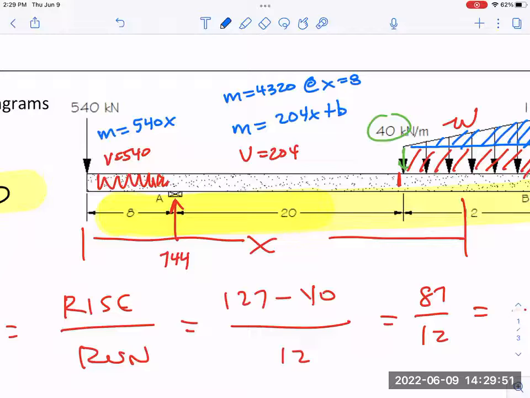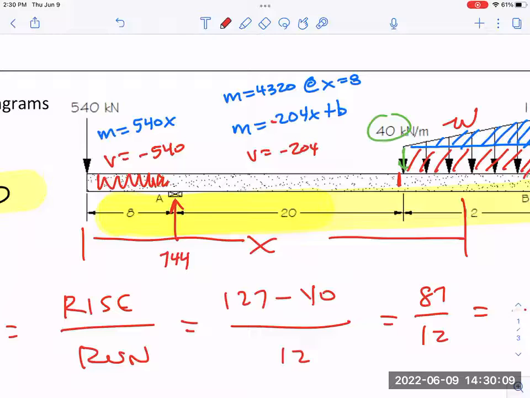Remember these are negative. This B is negative 540. This B is negative 204. So that's actually a negative number. So you should actually be adding 4320.